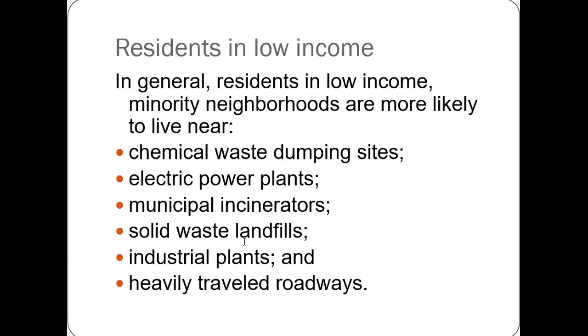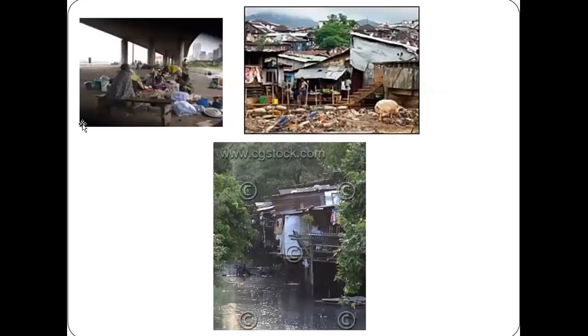They are exposed to solid waste landfills, industrial plants, and they even live in heavily traveled roadways, even near the railway or rail system, such as in the case in Manila, wherein the majority of the people are living near or just beside the railroad. Okay, so I guess you are familiar with this type of condition. You have seen this a lot in our society.